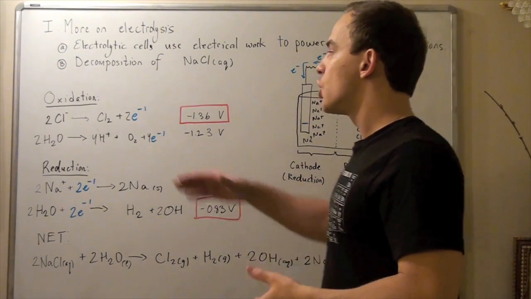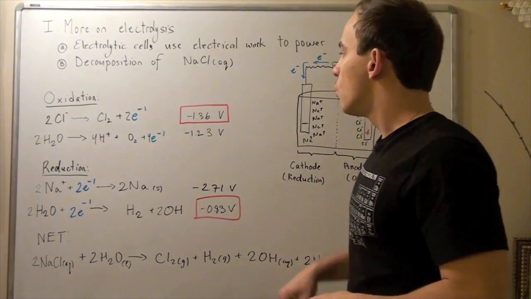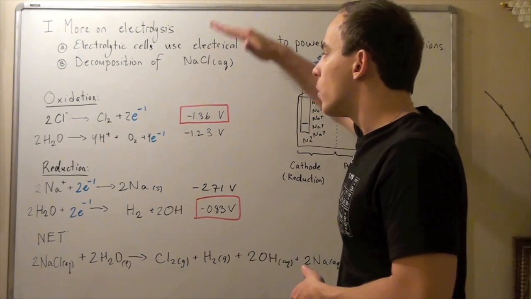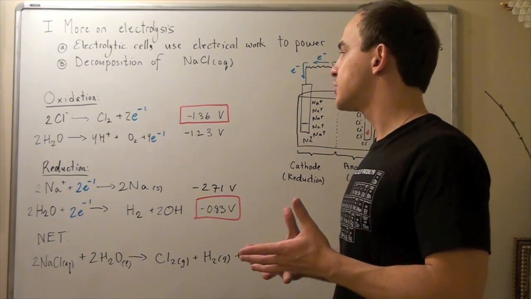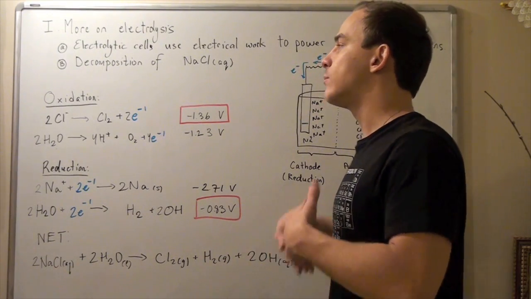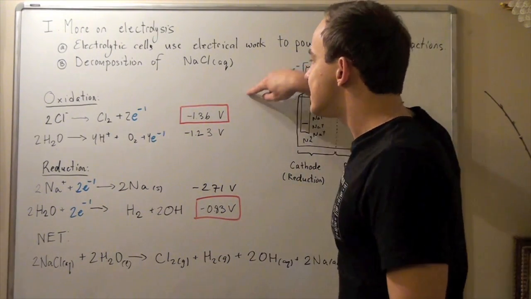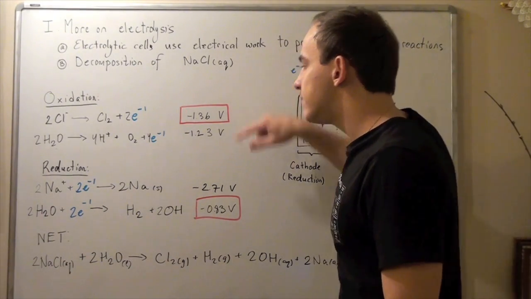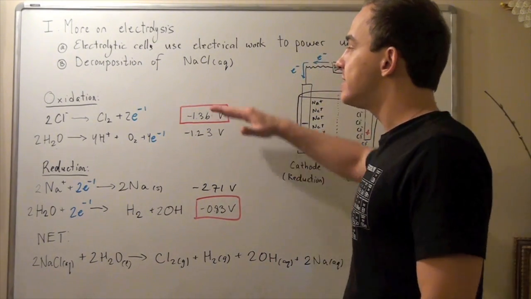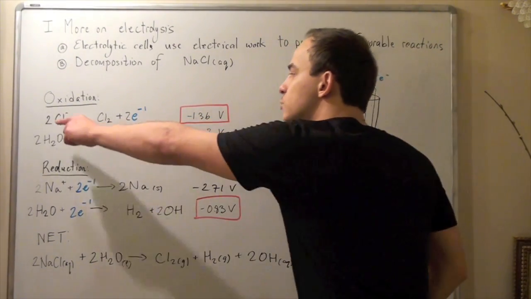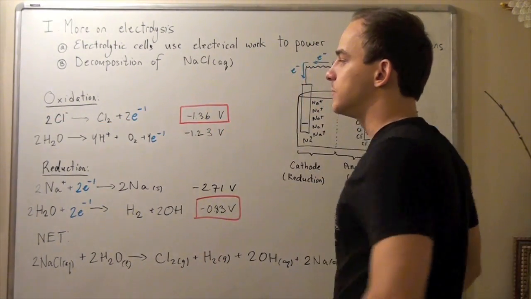How do we choose which one occurs? Well, the one that's more negative, the one that's lower on the reduction half reaction table, is more likely to undergo oxidation. And since this one has a more negative cell voltage, that means it is more likely to undergo oxidation. And so this will be our oxidation reaction.